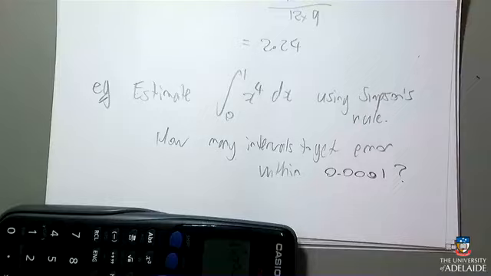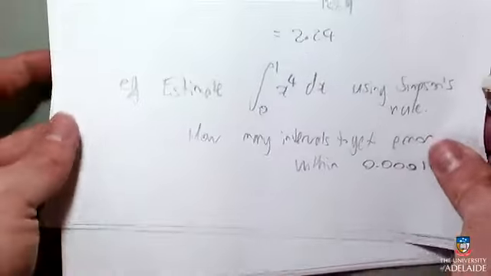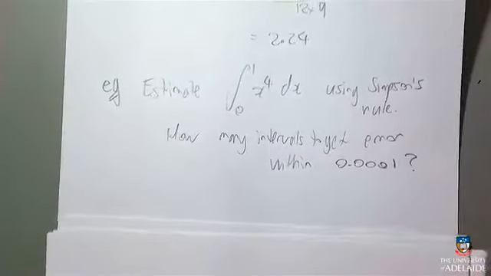So, how many intervals to get an error within 0.0001?